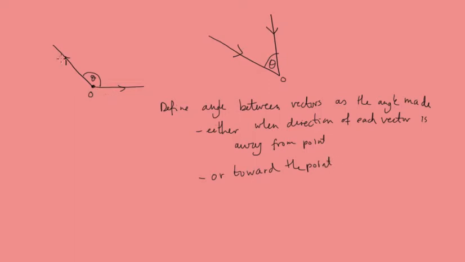So this is away from the point and this is towards the point. You wouldn't define the angle like that, where you've got one coming in and one going away. That's not how you define it.